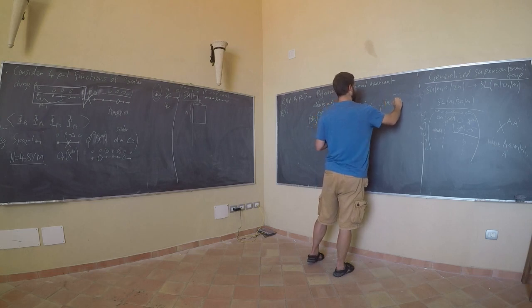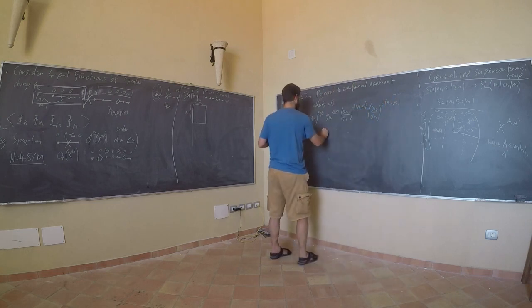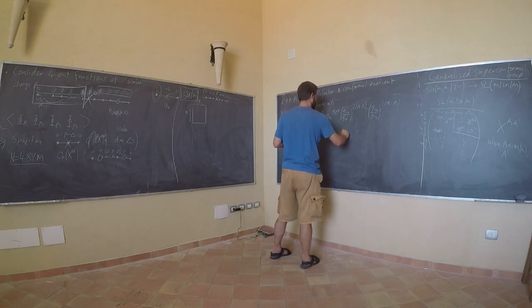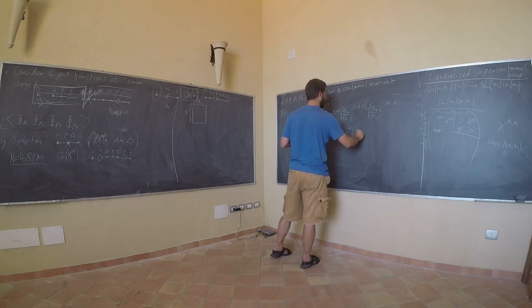That's just to give you an idea of what I mean by that. So the gij here is the superdeterminant, or the inverse of the superdeterminant of xi minus xj.